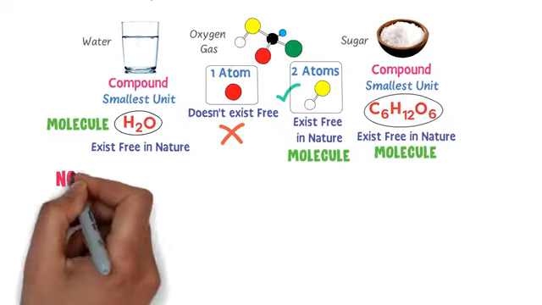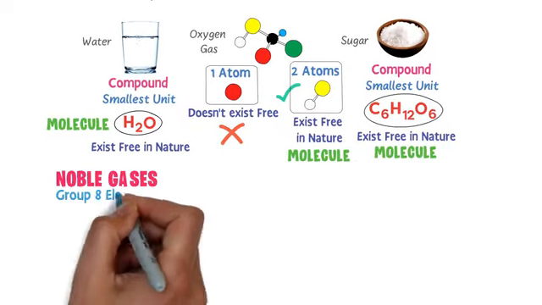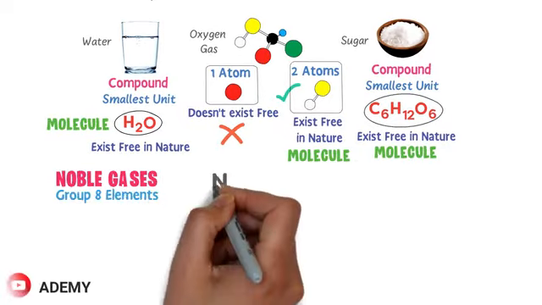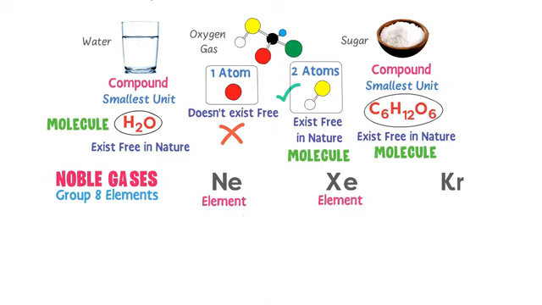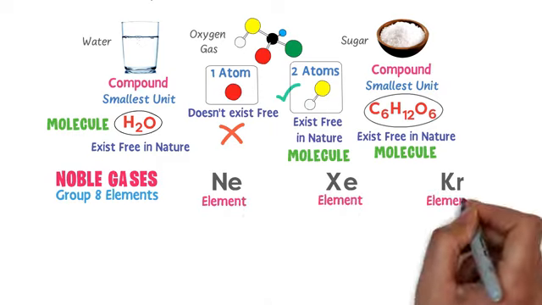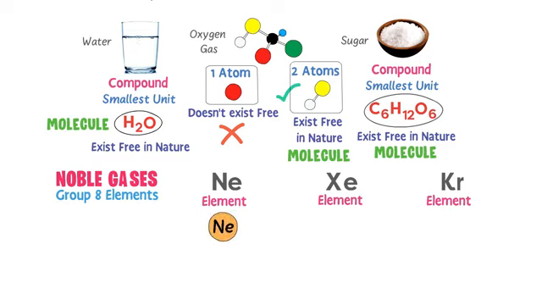Fourthly, consider noble gases or group 8 elements like neon, xenon and krypton, etc. We know that neon is an element, xenon is an element, and krypton is an element. Now if I take a single atom of neon, it exists free or independent in nature, so it is a molecule.